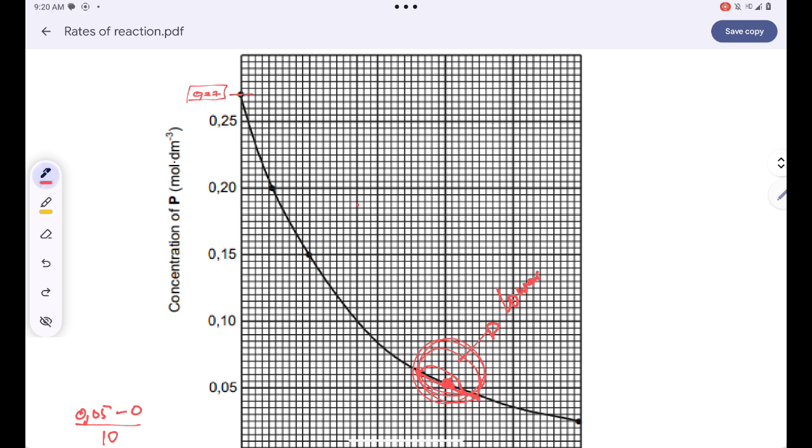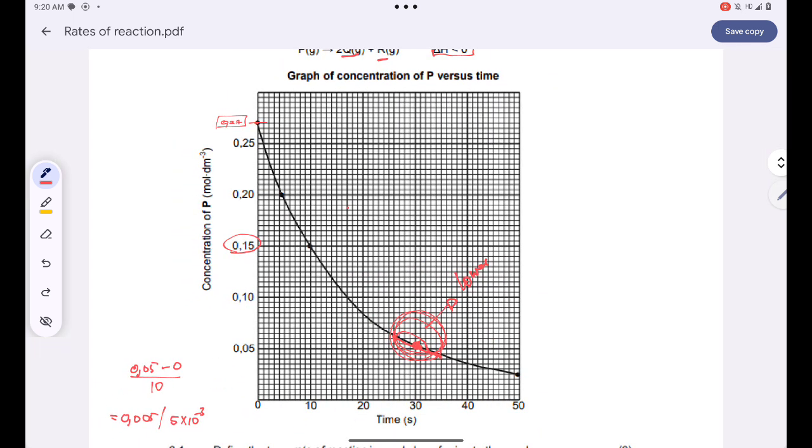I know that my initial concentration is 0.27, and the concentration at time equals 10 seconds is 0.15. So I can simply calculate the number of moles. To find the initial number of moles, initial concentration equals initial number of moles all over the volume.